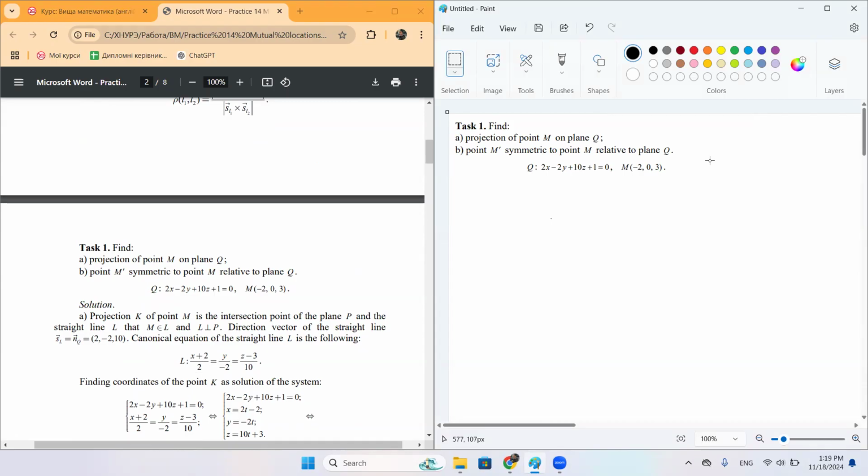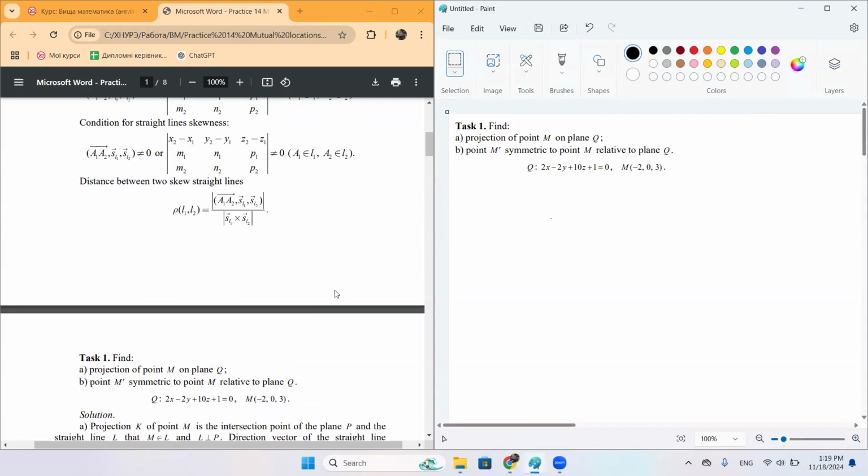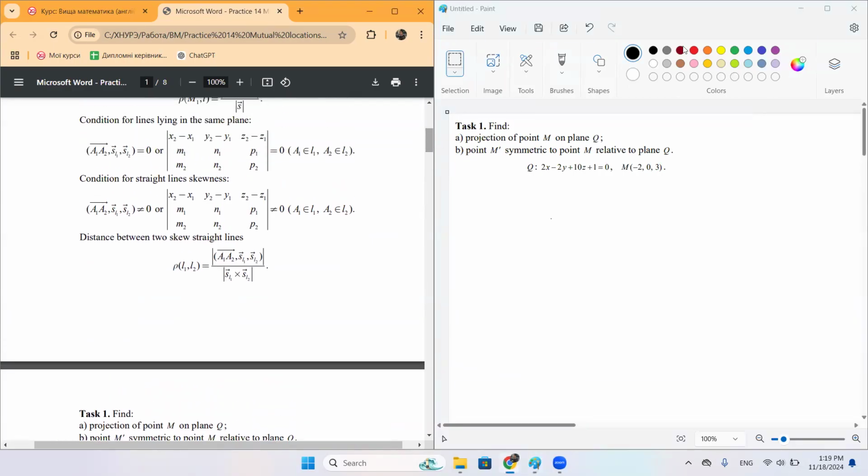We need to write down the equation of a straight line that is perpendicular to the plane Q and to which M belongs. Okay, let me start drawing. So we need to find the equation of this straight line, for which M belongs to it, and then find the intersection point.